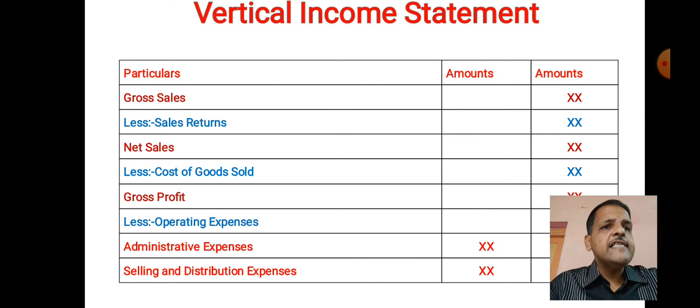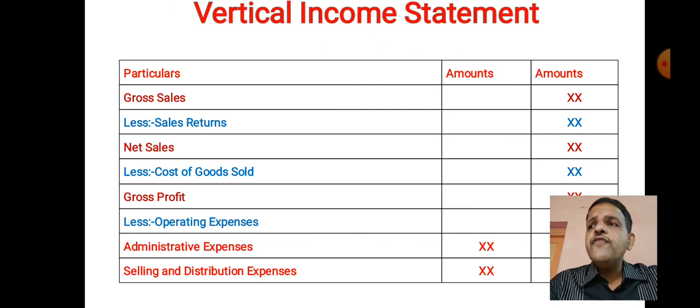Now from net sales, we have to deduct cost of goods sold. Friends, when we say cost of goods sold, it includes many things. It includes raw material, labor, expenses, factory charges, etc. Let us see what is included in this cost of goods sold.